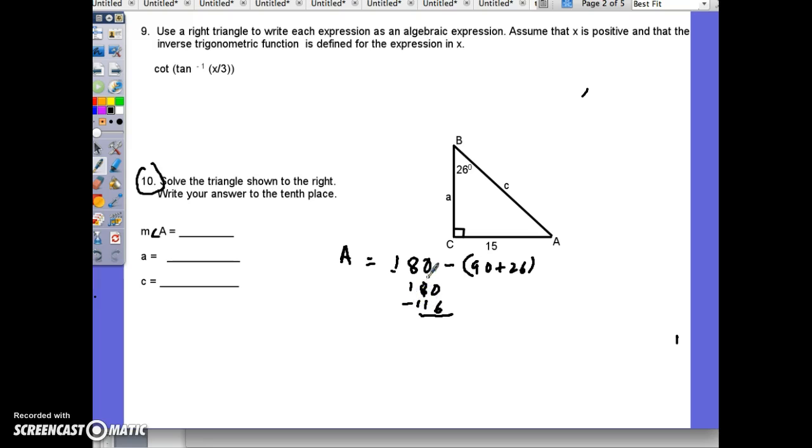Borrow 1 from the 8, leaving us 7. That one makes this 10. 10 take away 6 is 4. 7 take away 1 is 6. And so we have this angle A will be 64 degrees.